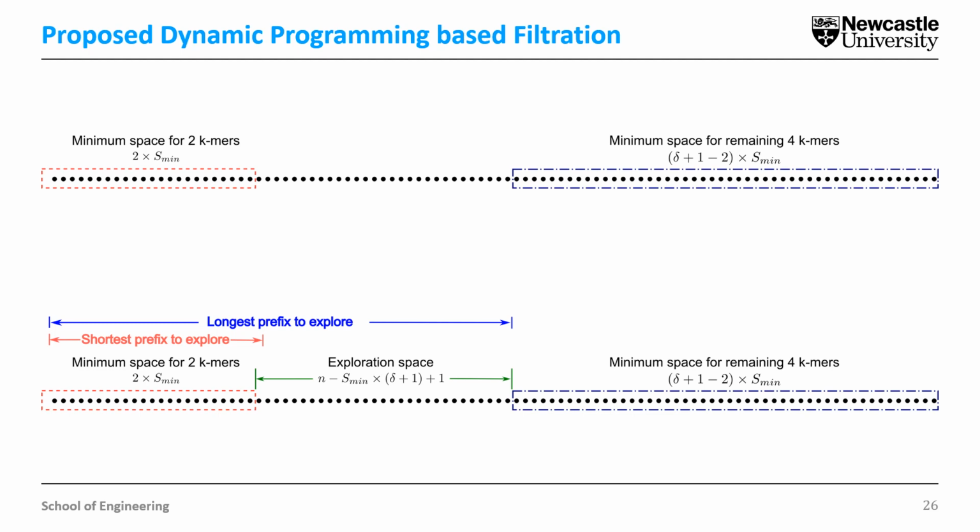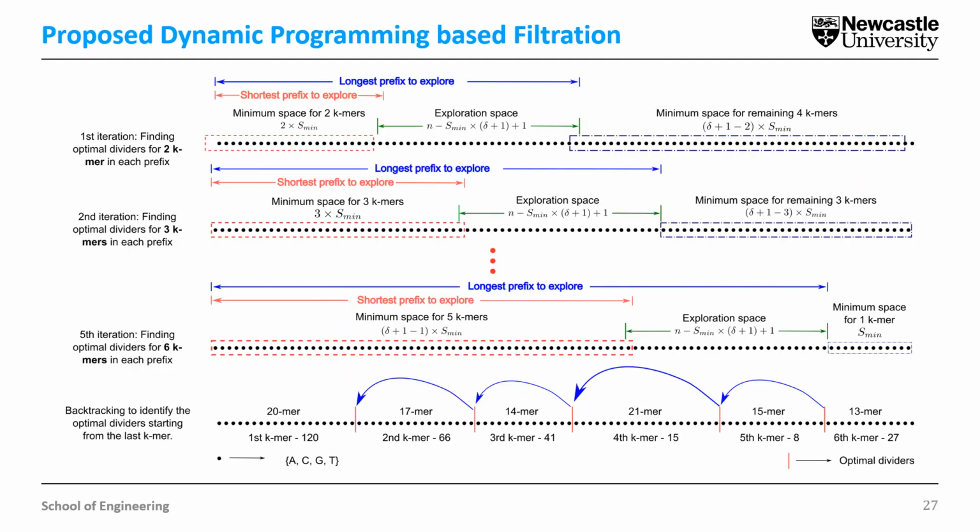After storing this value, we move on to the second iteration over here, in which we use those previous values and we find the optimal solution for overall 3 k-mers within this exploration space. These iterations are continued delta times, which is 5 iterations, as the number of errors is 5 over here.